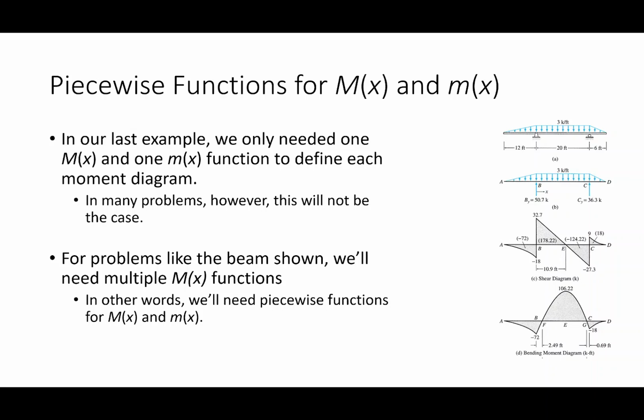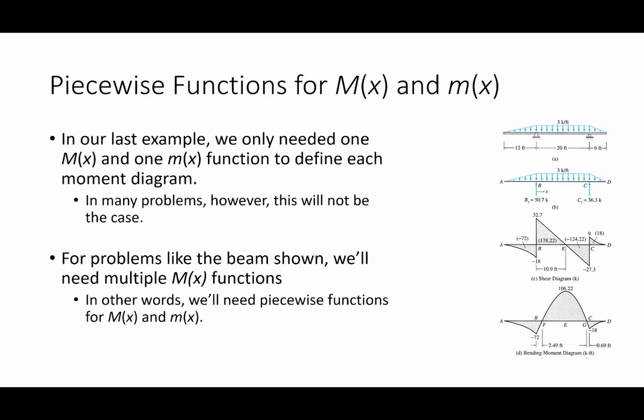It's possible that if we're doing a real world problem, we might have multiple moment functions defining our response. For example, we looked at this problem when we first started to introduce the idea last time. If I had a beam like this, an overhanging beam with triangular loads, distributed loads, what have you, I would need a total of 3 piecewise functions in order to fully define the moment diagram.